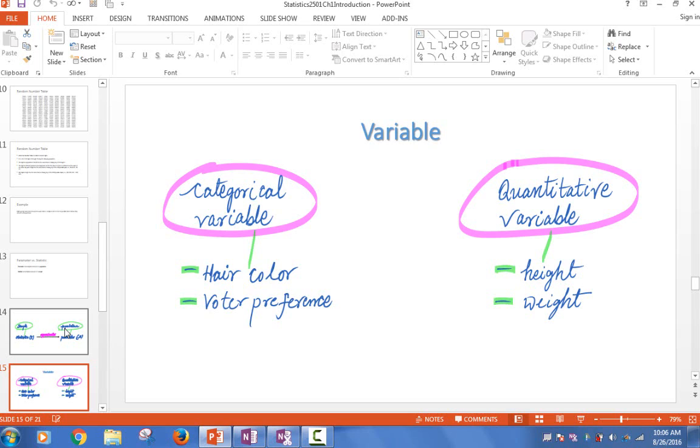It could be Trump, it could be Clinton, that's another choice, and it could be none, right? Sometimes you wish that you had that third option, but you don't have that. Okay, so everybody understands the difference between the two? Okay.